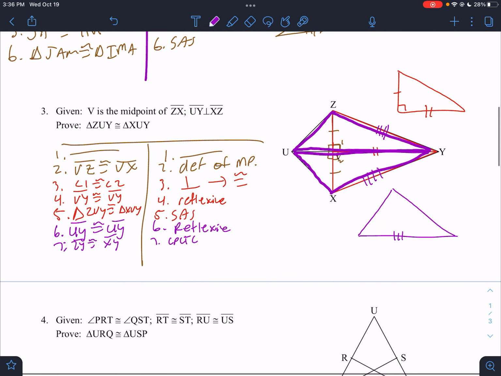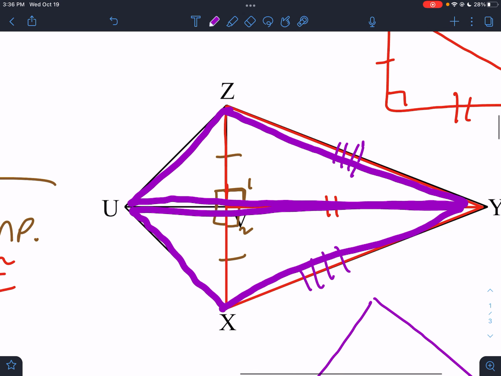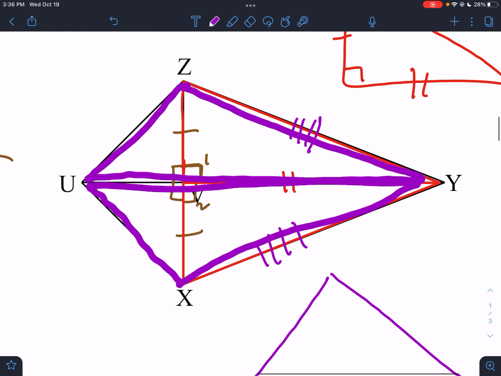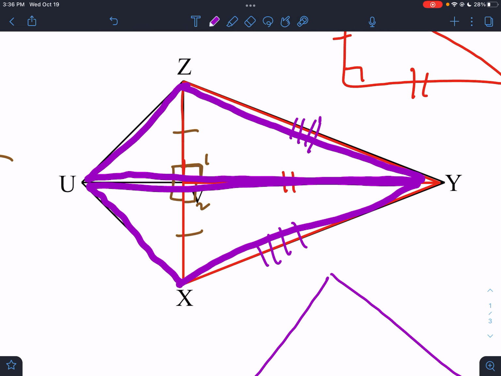All right, this next thing, this is really tough. There's no more overlapping sides, but red and purple, they touched. Remember we were talking about Z and Y? Let's talk about this. So it takes 2 letters to make a side. It only takes 1 letter to make an angle. But just because it's the same letter does not mean it's the same angle.